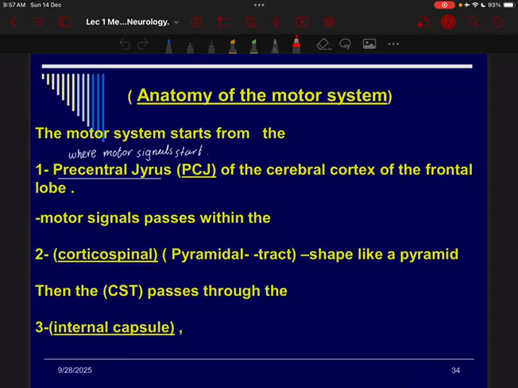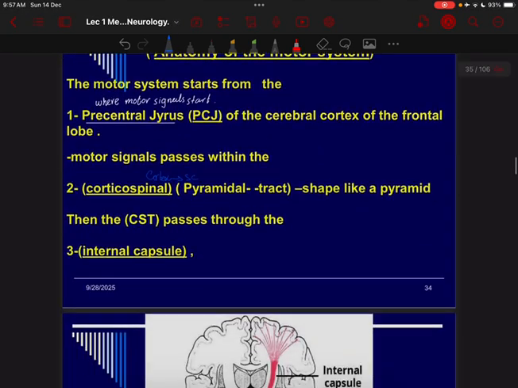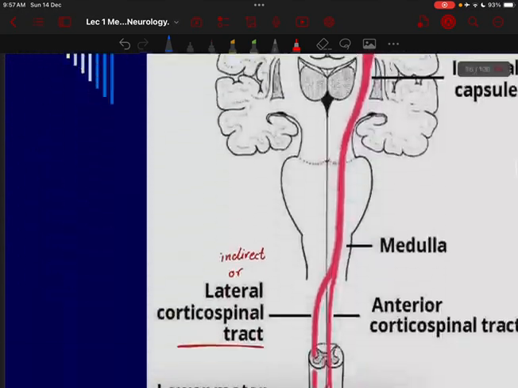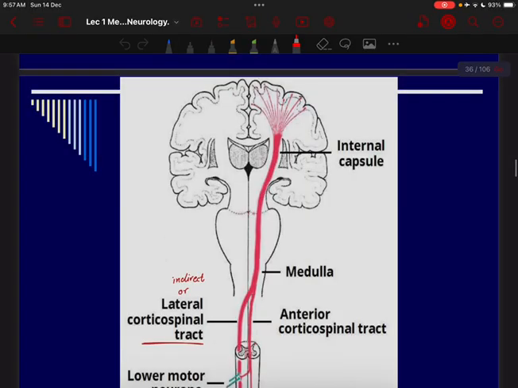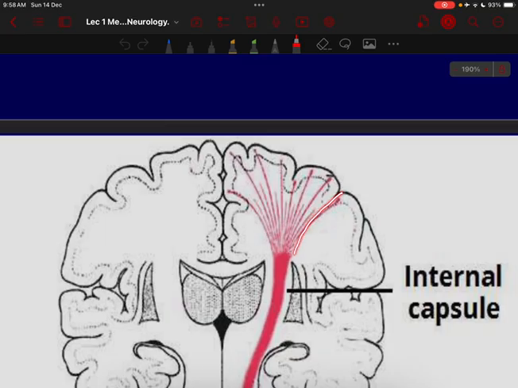It is also called the pyramidal tract, shaped like a pyramid. Look, this is the motor area, precentral. This is the pyramidal fiber. The shape is like a pyramid. That's why it's called the pyramidal tract.